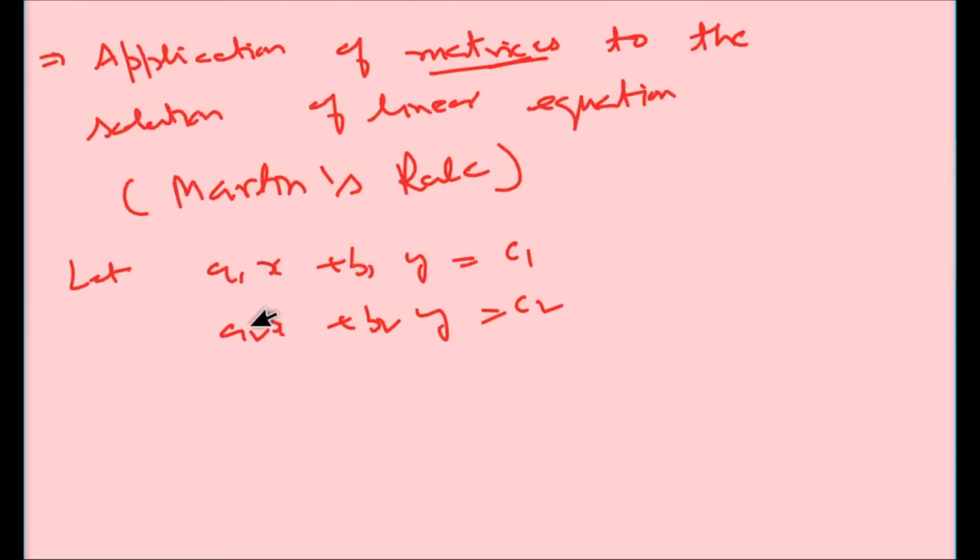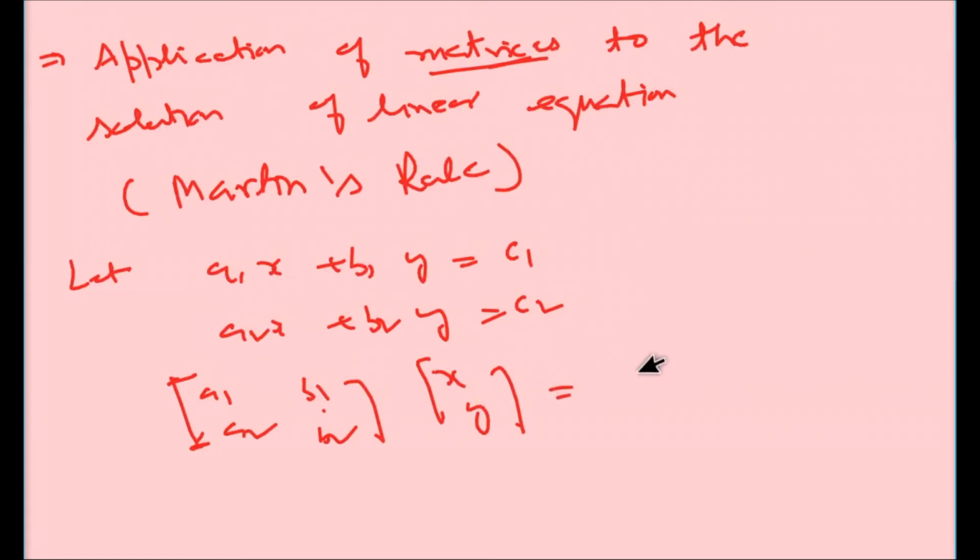So if we write the coefficients a1, a2, b1, b2 in a matrix and multiply with the column matrix of x and y, we get a1x plus b1y and similarly a2x plus b2y, which is equal to c1, c2. So this equation can be written in this form. If we write it as AX equal to B, how will we get the value of x and y?